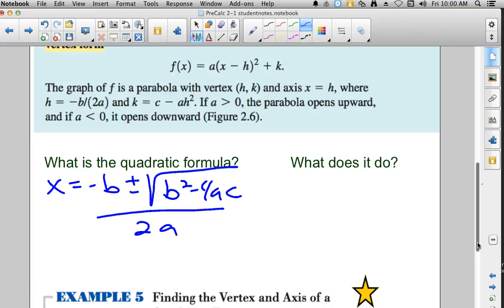So we're going to learn about completing the square because we do know what it does. Do you remember what it does? What are you getting when you do the quadratic formula? The x-intercepts, the zeros, the solutions of the graph.